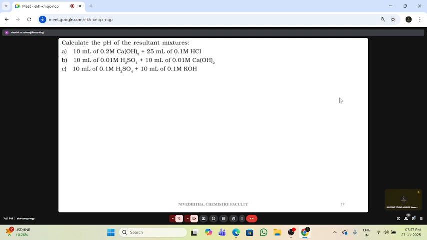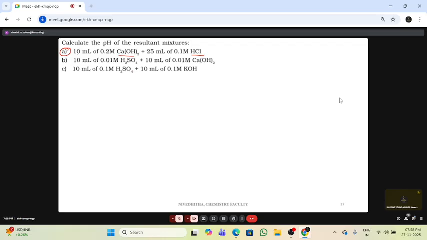So let us talk about this first question. They are talking about calcium hydroxide and HCl. Calcium hydroxide is a base and HCl is an acid, and they are mixing these two together and asking us to find the pH of the resultant solution.